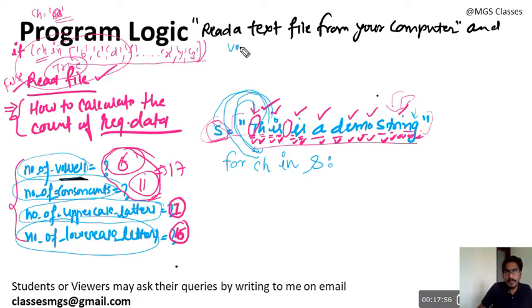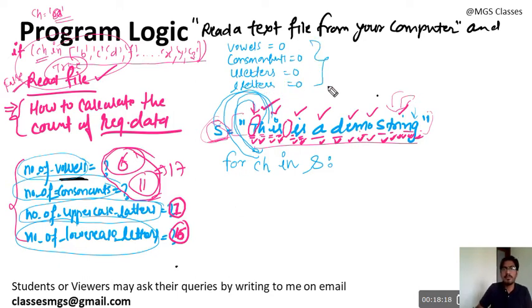Like vowels, let's suppose initially 0. Consonants, initially 0. Uppercase letters, u_letters I am writing, currently 0, and lowercase letters, l_letters I am writing, 0. Before starting this program, these all will be 0.